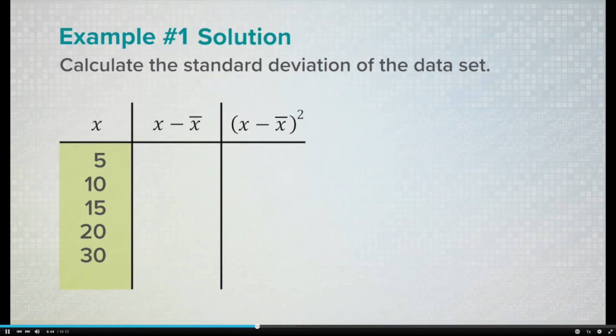We need to find the distance of each of our data points from the mean. First, we'll find the mean of the numbers, which is 16. In this column, we'll take 5 minus 16, 10 minus 16, and so on. We'll get negative 11, negative 6, negative 1, 4, and 14.